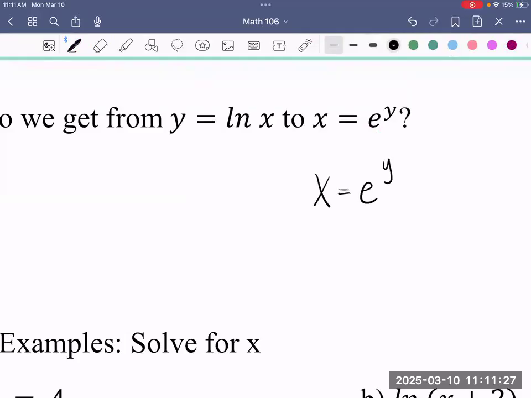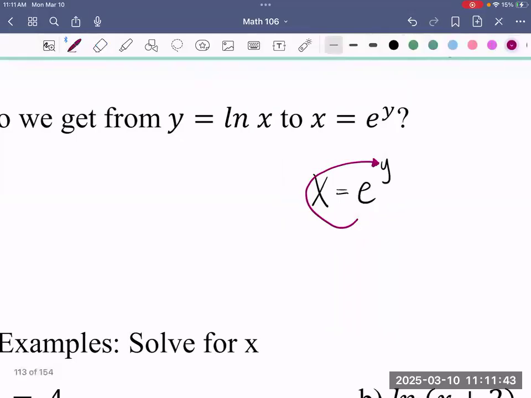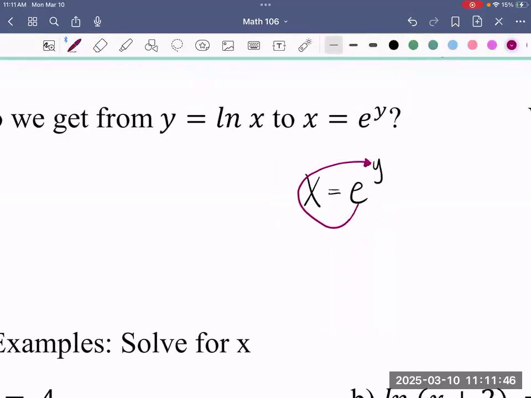When you go to swoop, you always start on your base, which we now know here is base e. And we're going to go up and around. We're going to touch x, and then we land on y. So whatever you start with first, or the order in which you touch, is the order in which you write. So to go from an exponential into a logarithm, we're first going to write the word ln or log.